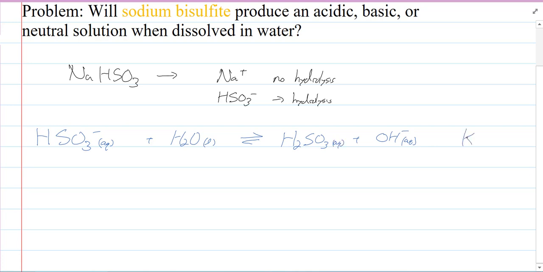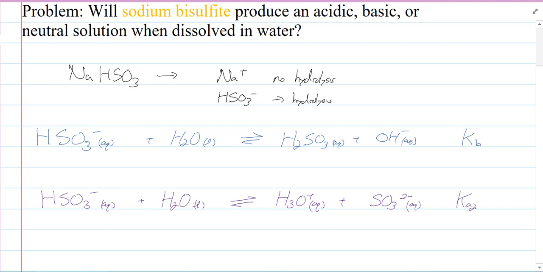And that would be a Kb. We also could have HSO3 minus as an acid. And that, of course, is Ka2.